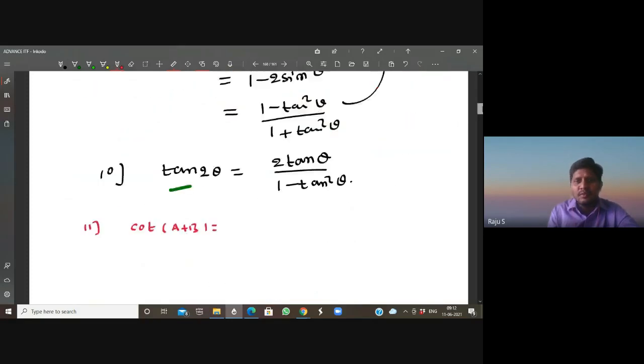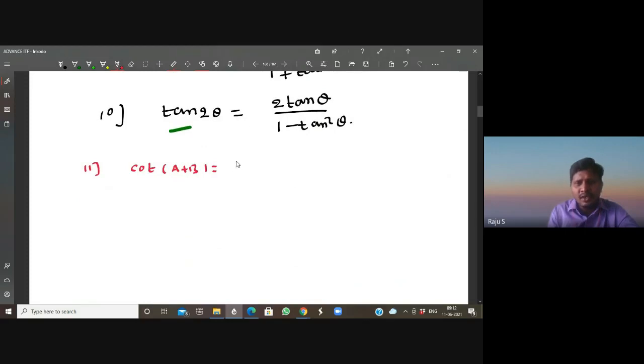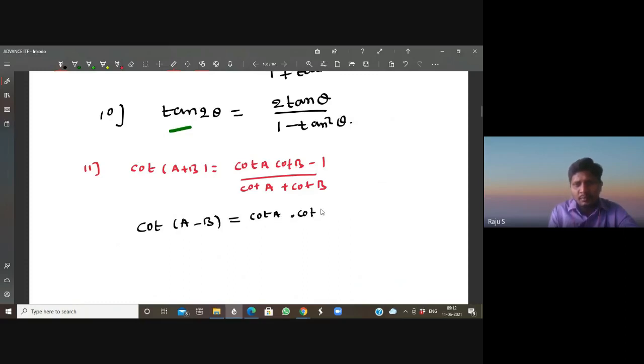Like that. So finally, we are going to get here cot A plus B. The formula is cot A cot B minus 1 by cot A plus cot B. This is the formula for cot A plus B. And cot A minus B is the same, cot A cot B. Here see, it is opposite: plus becomes minus, minus becomes plus.